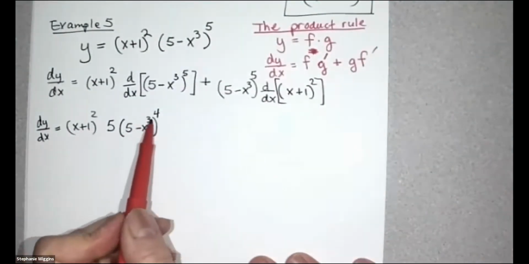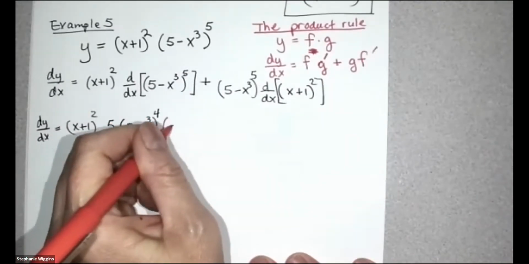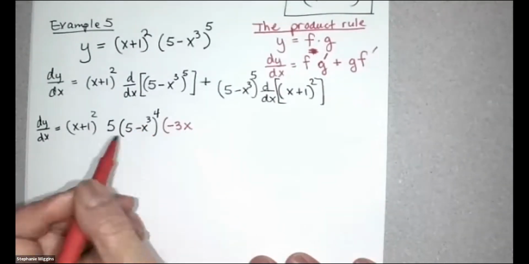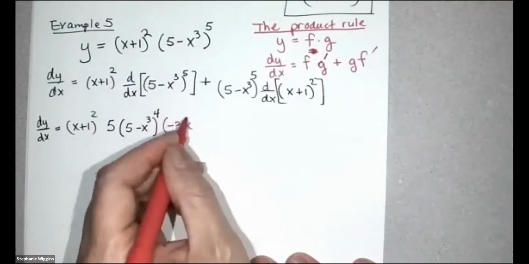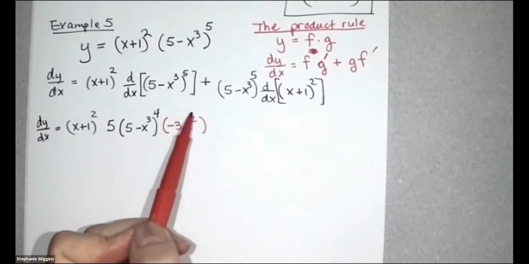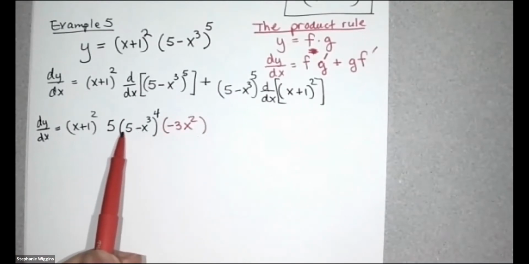Well, this is just another power function here, negative x cubed. So the 3 multiplied by the negative and then x squared, because I subtract 1 from that 3 there. Okay? So this piece is the derivative of the inside function.